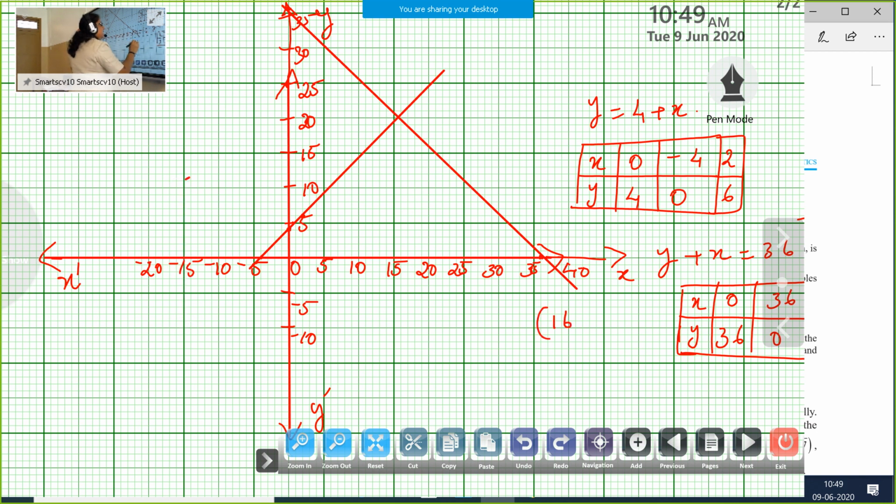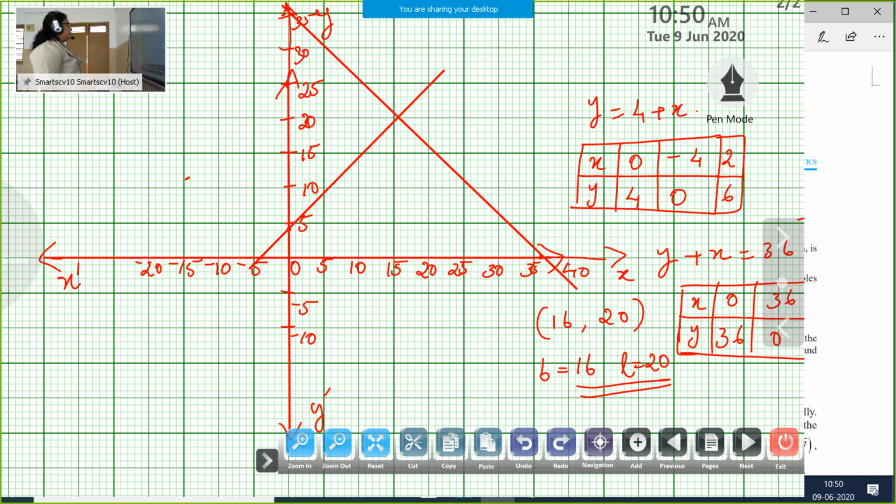X coordinate 16, 20. That is, width is equal to 16 and length is equal to 20. Length is equal to 20 and breadth is equal to 60. Clear? Draw the graph. We pass on to the next question.